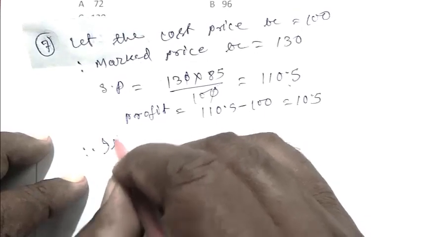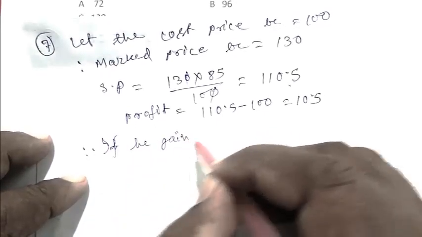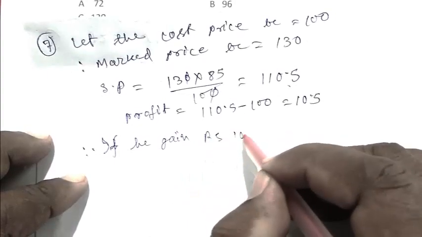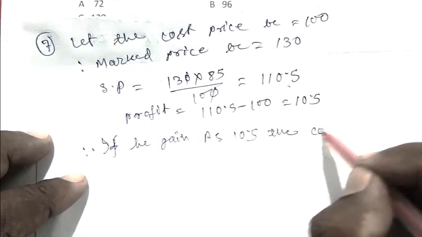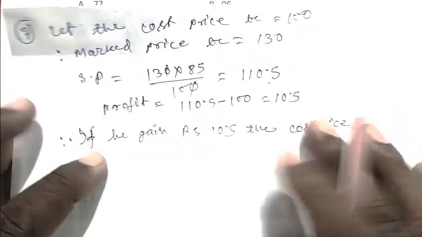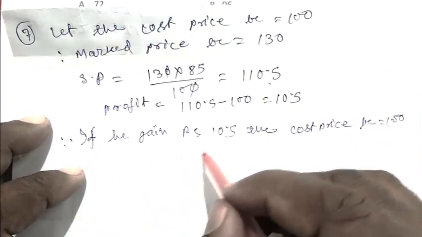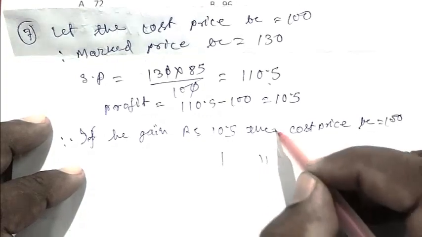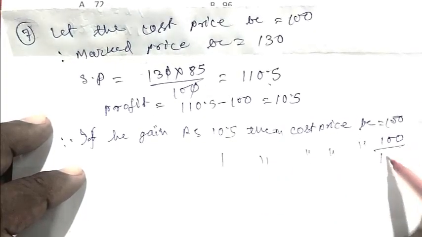If he gains rupees 10.5, then the cost price of the article is 100. If he gains rupees 1, then cost price is 100 by 10.5.